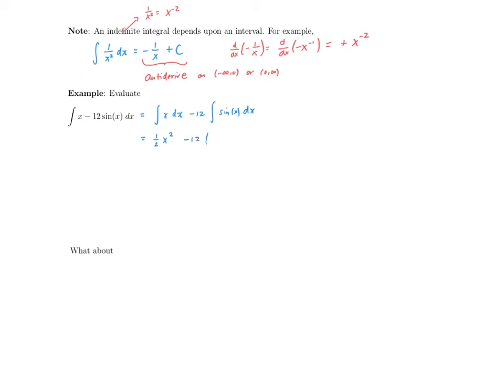Minus 12, the antiderivative of sine, switching back and looking at our table, is minus cosine x plus c. So we always get that plus c. And then writing this just a bit more conveniently, we have our indefinite integral. And it's worth noting once again that you all are experts with differentiation.